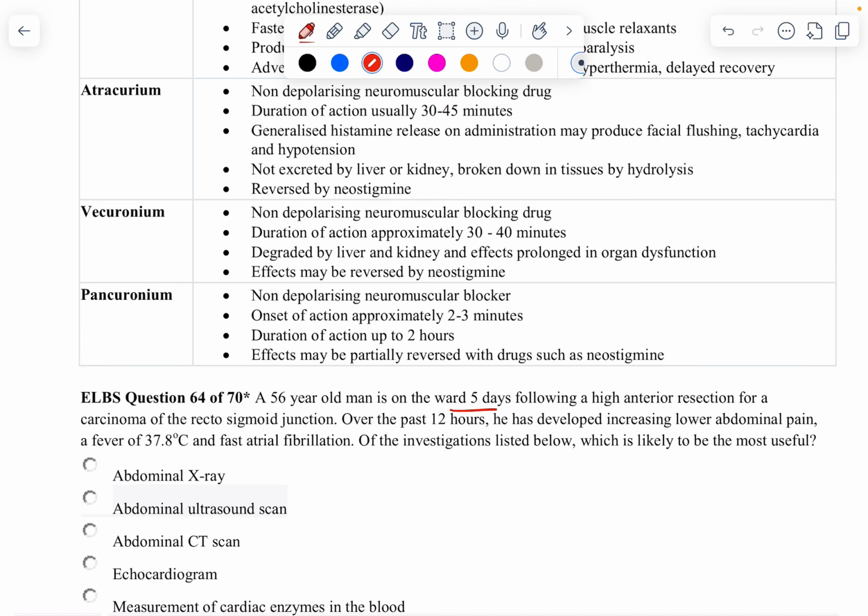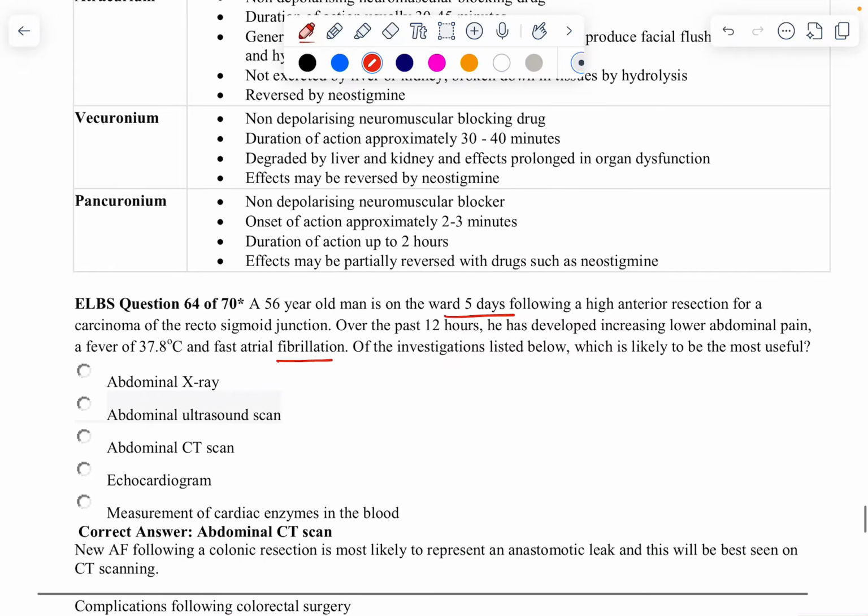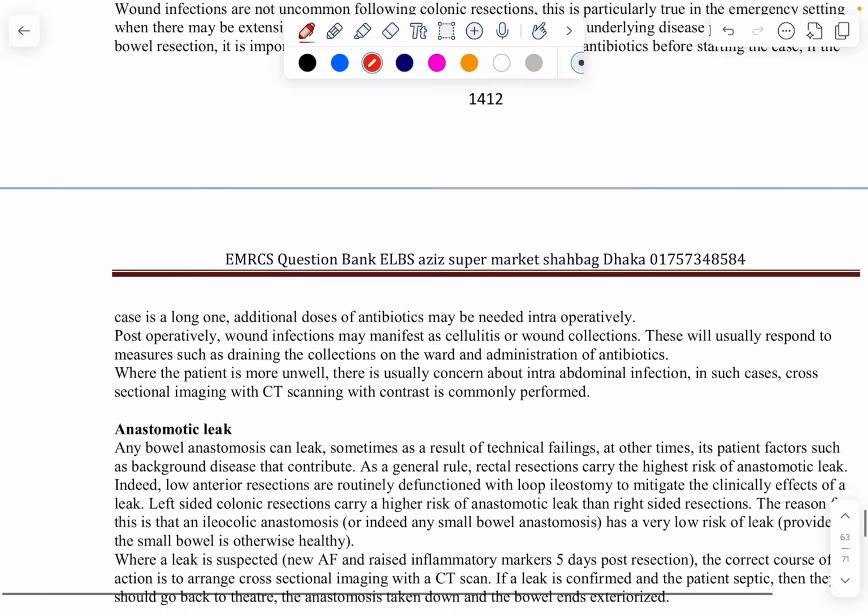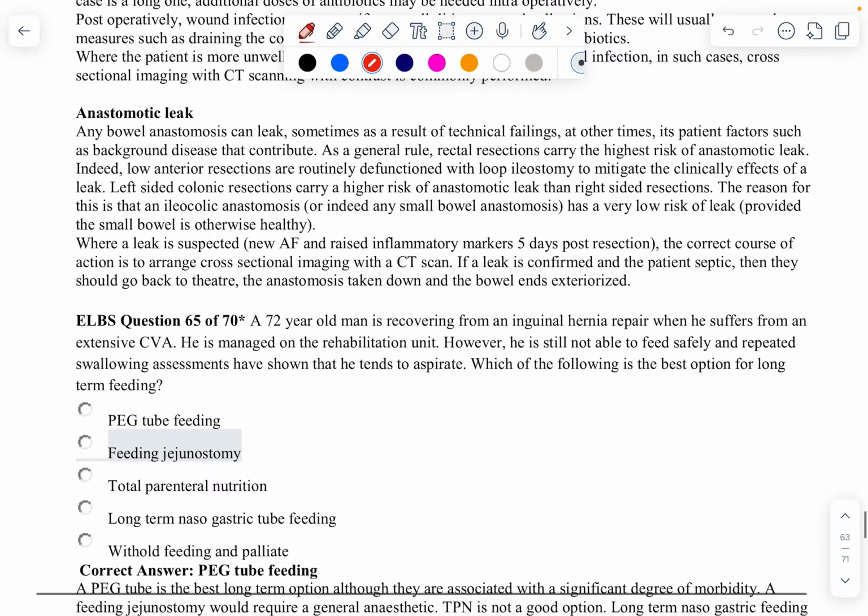A 43-year-old man on the ward 12 hours following high resection has increasing abdominal pain and fever, atrial fibrillation absent. PEG tube.